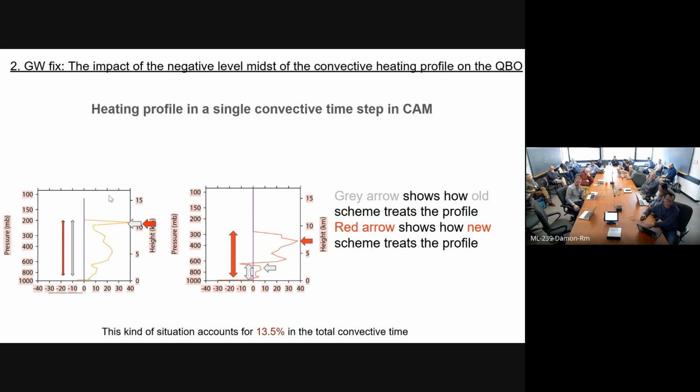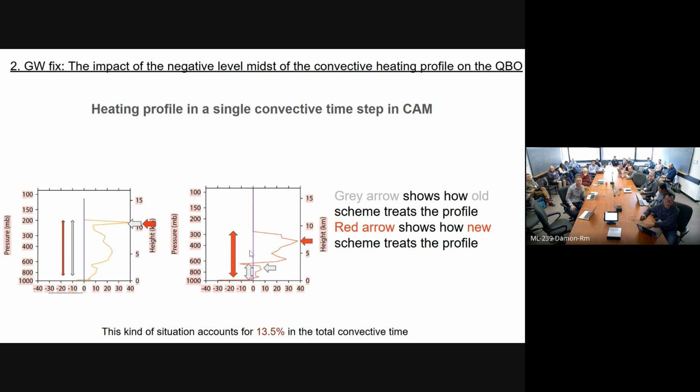On the left is the more common one, in which the heating rate is positive along the altitude, and this is very common and normal, along with our assumption. And on the right is the situation that caused a problem, because you can find that there is a negative heating level in the middle of convection.